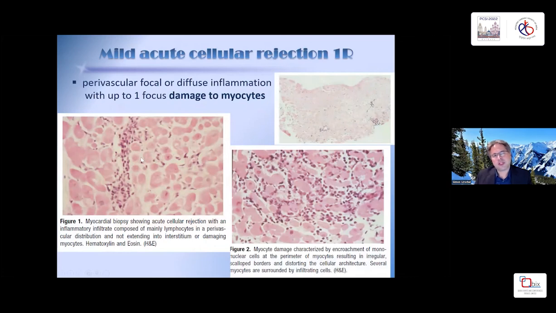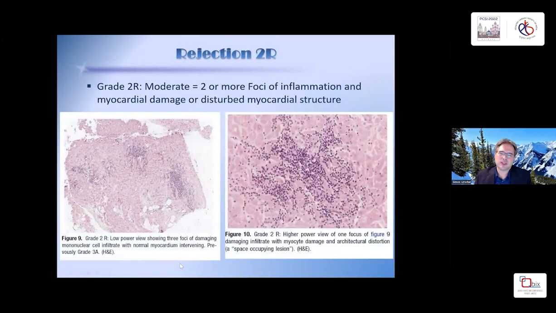mild acute rejection would be determined by one single focus of lymphocyte infiltrates that you can see here, together with some damage to the myocytes. That's limited to one focus, you call it 1R, and it usually does not go along with a worse long-term outcome for the graft, so it doesn't require any specific therapy.